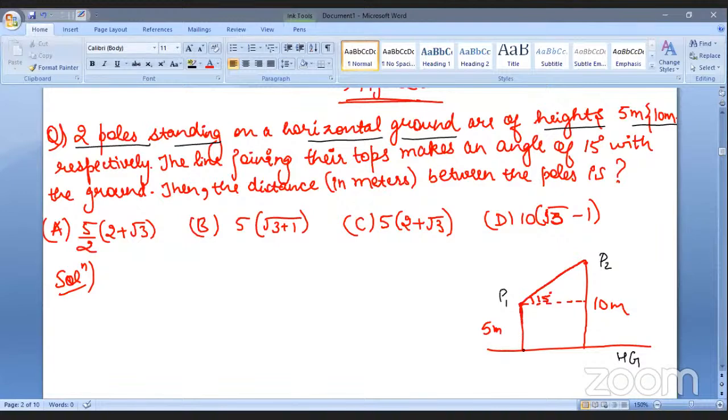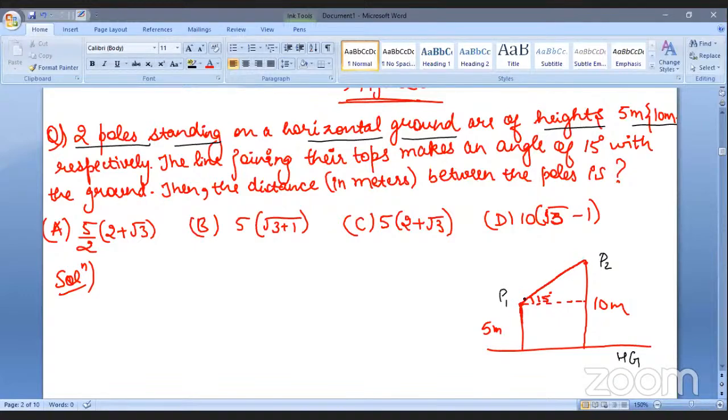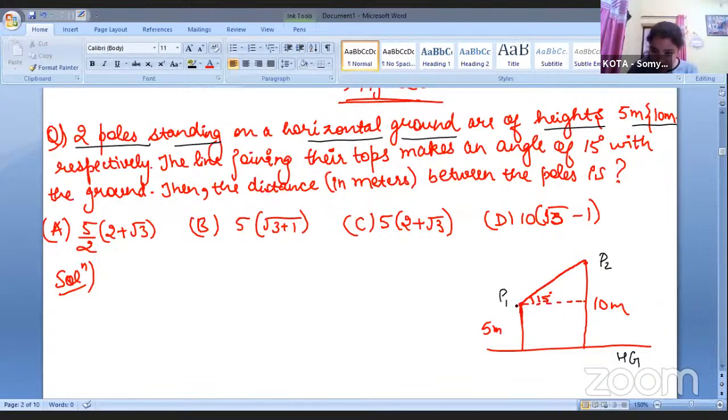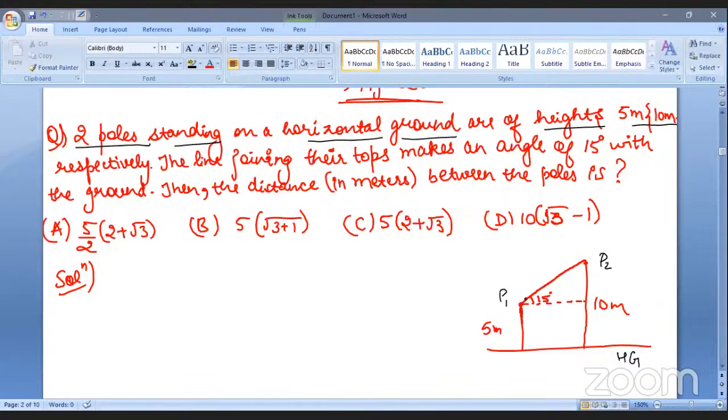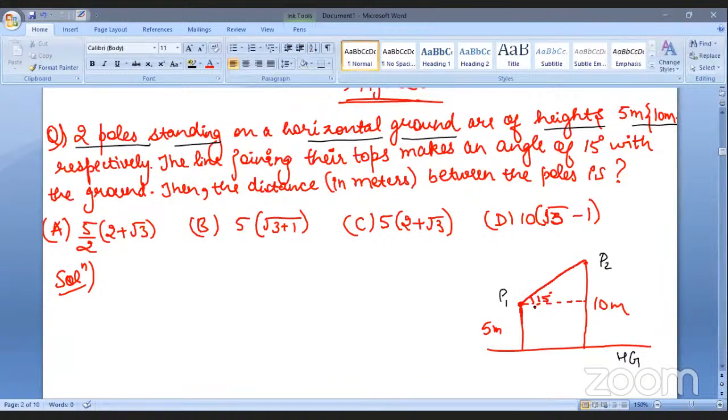It's already on the ground. No, ma'am. P1, P2 line to the ground. Extend the line behind P1, so it will come behind. Yes, ma'am. Like this? Yeah, ma'am.